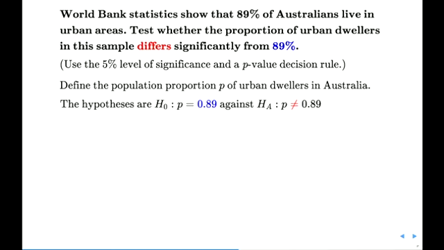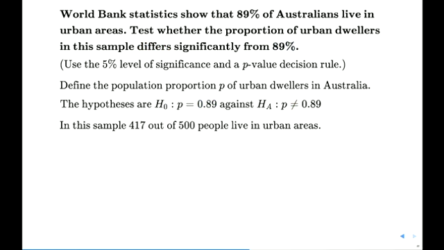Expressed as a proportion, that will be 0.89, the null value for P. And the question says, does it differ significantly? So again, the word differ is telling you that we're looking for a two-tail test. So the alternative that we've got here comes from this word, basically.